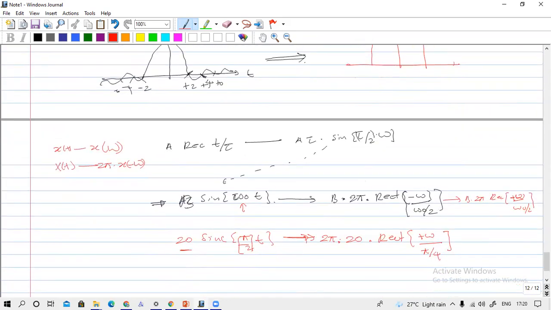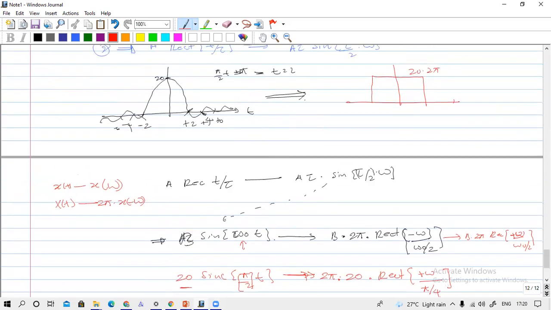This is our duration, 5 by 4 is our duration, correct? So here we have minus 5 by 8 to plus 5 by 8. So this answer you get. We have this signal and we find the Fourier transform of this one. I hope it is okay.